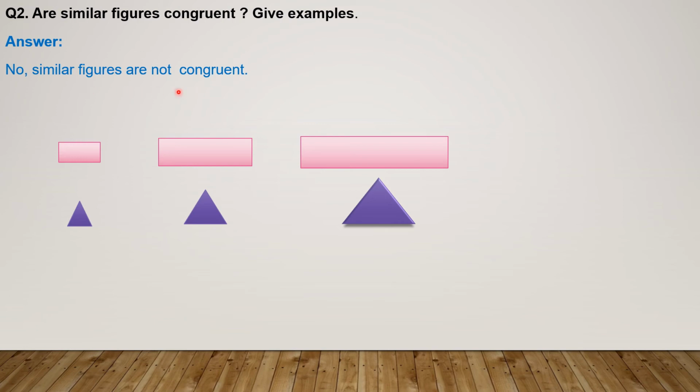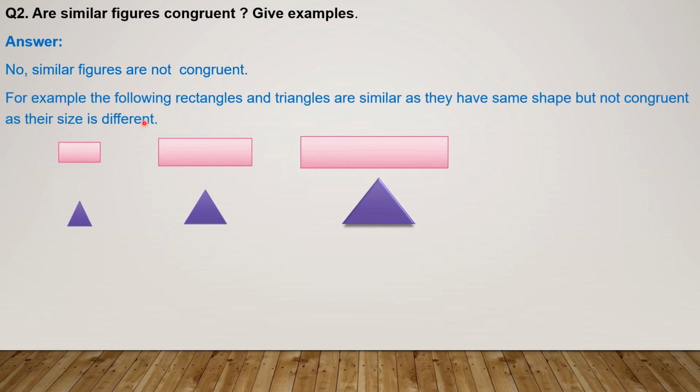Students, why are they not congruent? Because their sizes may be different. That's why they are not congruent. For example, the following rectangles and triangles are similar as they have the same shape but not congruent as their sizes are different. Look at the shape of rectangles and triangles.